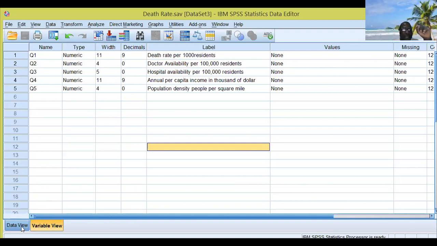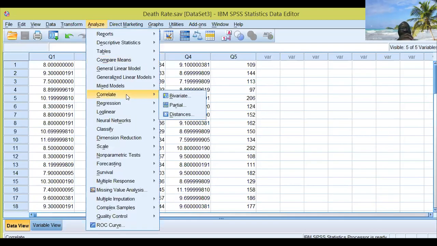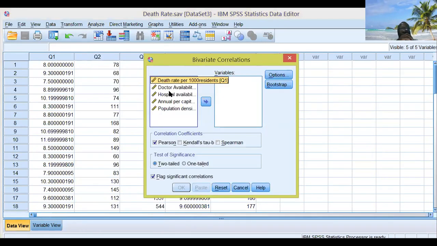Okay, let's go to analyze, because all of them are quantitative. Go to analyze, and you see all of them are numeric. Bivariate. Move all of them inside.